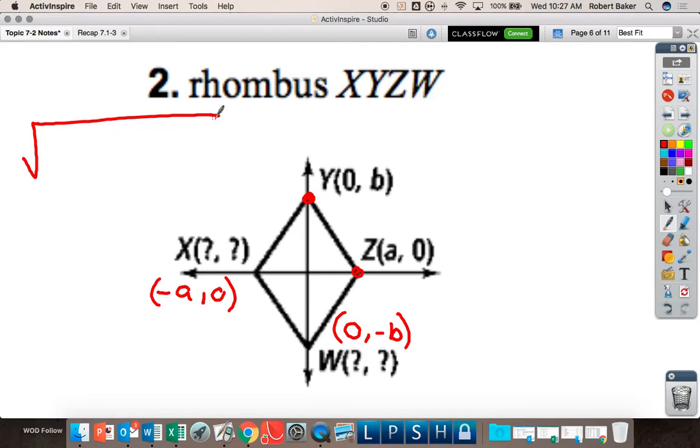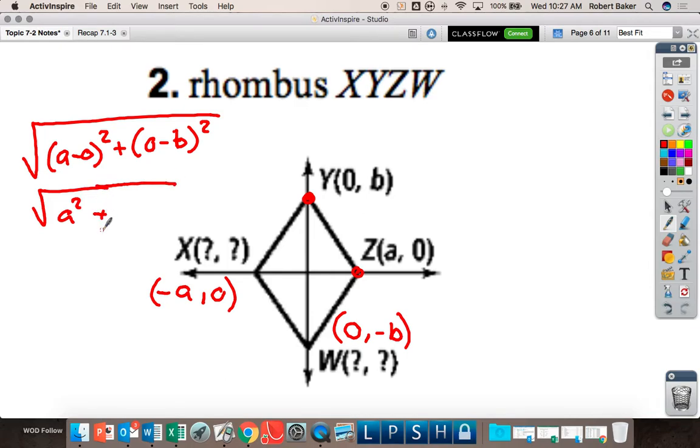x2 minus x1, squared, plus y2 minus y1, squared. That is zero. So a minus 0 is a, and a squared is a squared. 0 minus b is negative b, and negative b squared is positive b squared.